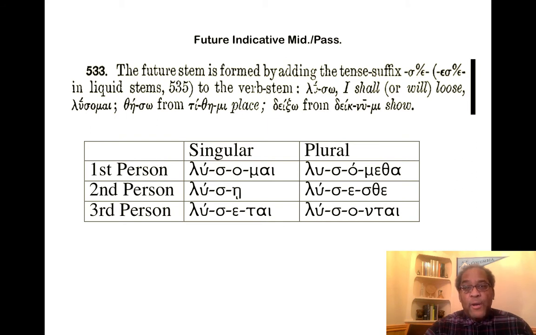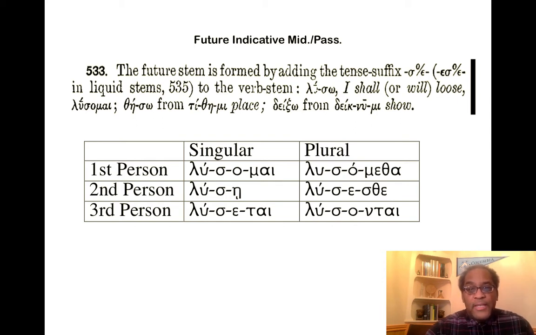Now, the futures are formed in like manner, just as we saw with the active forms. The future stem is formed by adding the tense suffix sigma with the thematic vowel omicron epsilon to the verb stem. So here again, we're going to add these endings of the middle primary tense to the future verb stem.